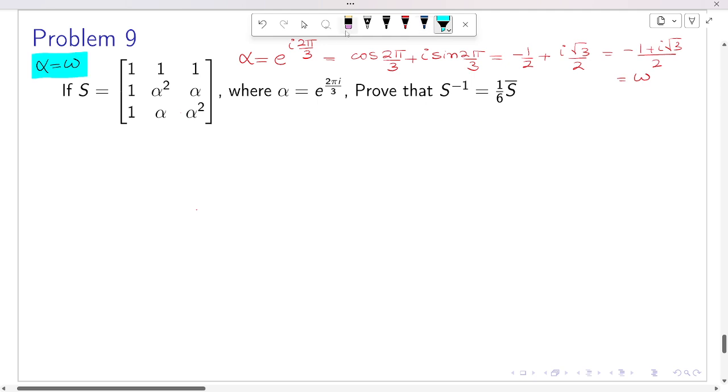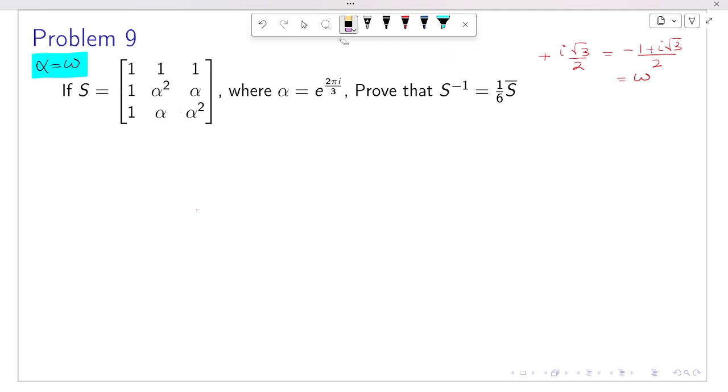Let us erase this thing as we don't need this anymore. So we need some properties of omega here. So what are these properties?